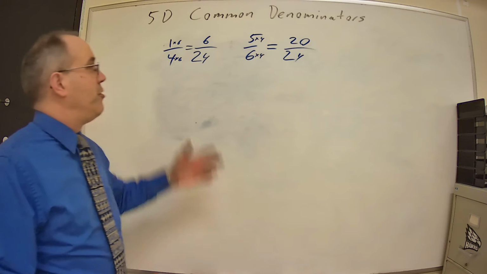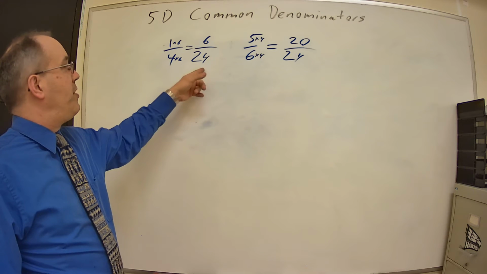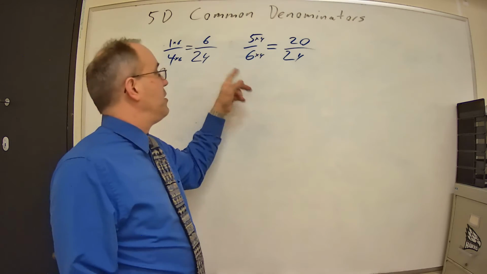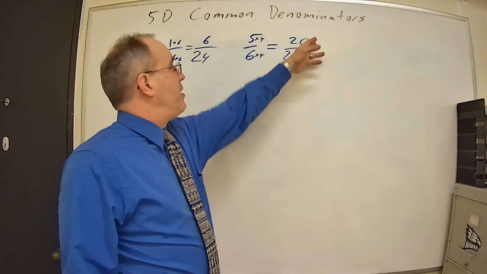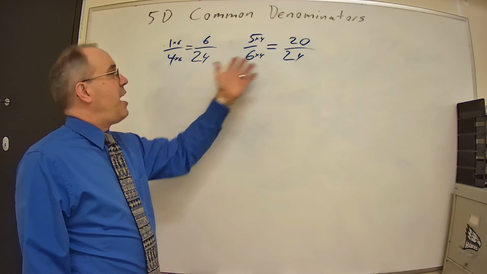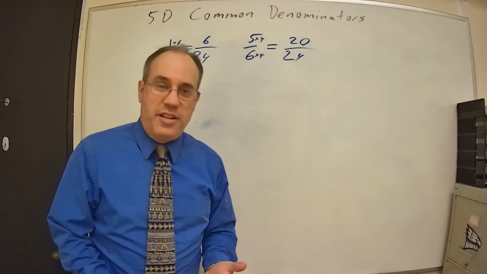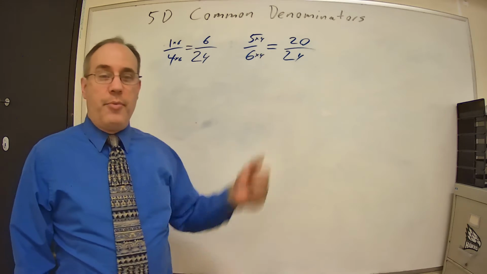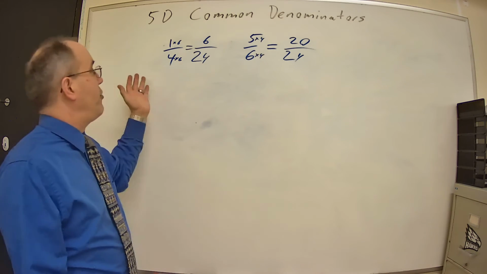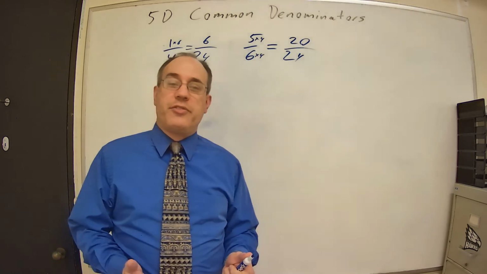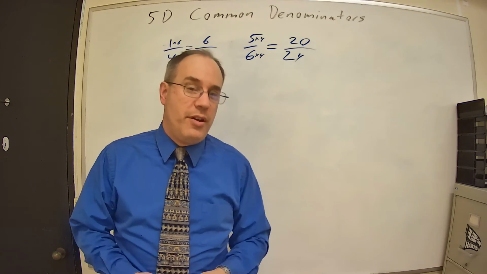Now, remember what we came out with previously was 3/12 and 10/12. So you do notice that both of these are not necessarily the simplest fractions that would have a common denominator. So although this method will always work, you can always multiply the two denominators together to get a common denominator.